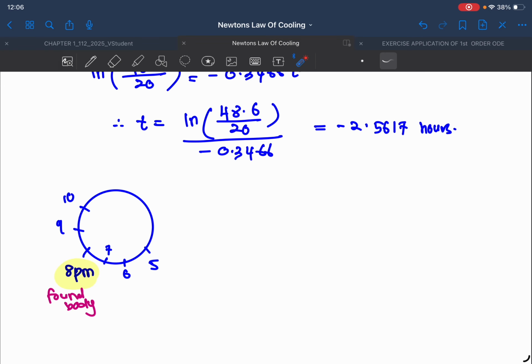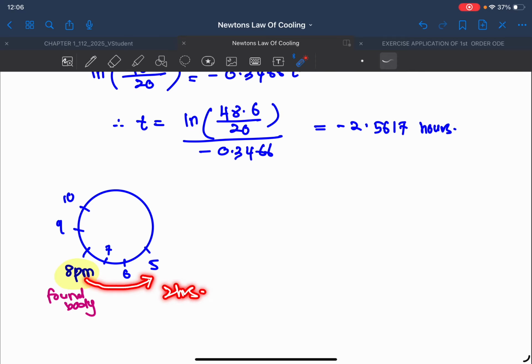Now we want to know at what time the person died: negative 2.5617 hours before the police found. The person must have died before 8 p.m., because this is the time the police found the body. So we need to reverse by 2 hours.